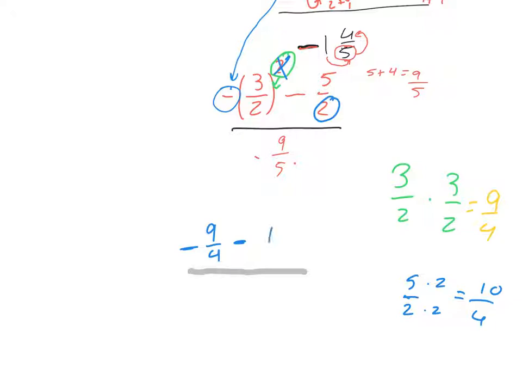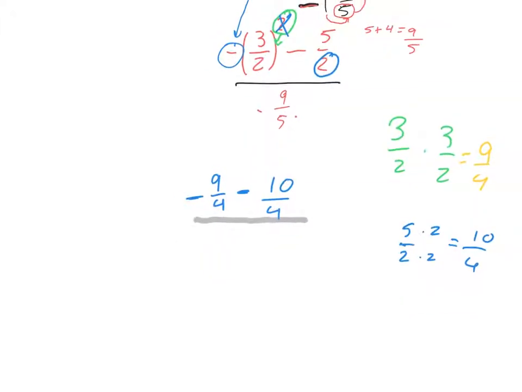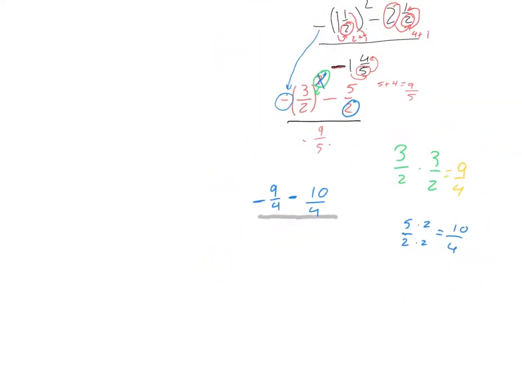So we're going to put 10 over 4, and we have to keep this sign because that is what goes with the fraction. And then we are just going to keep this 9 over 5.